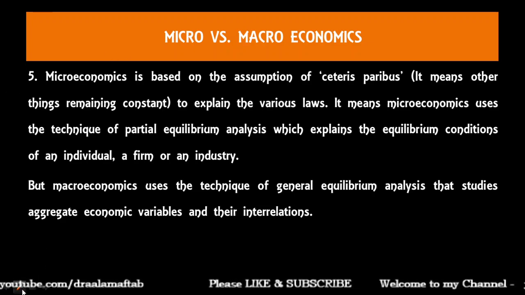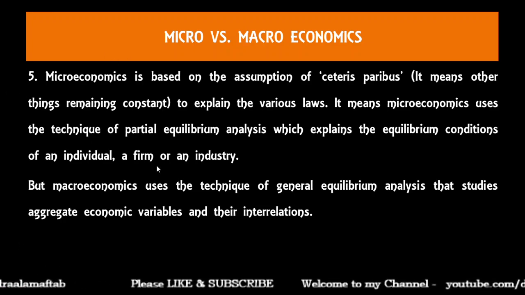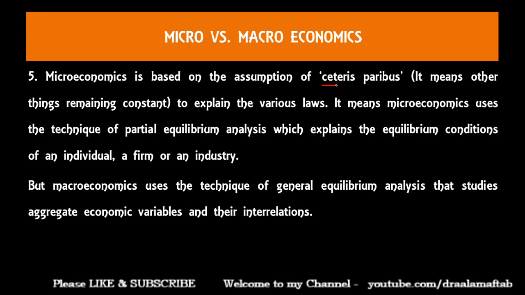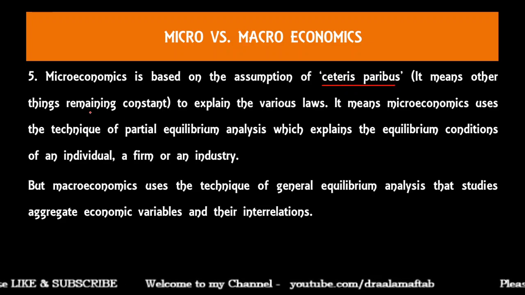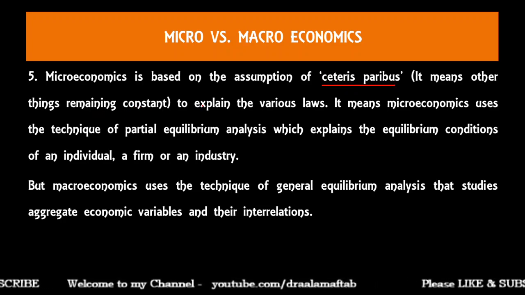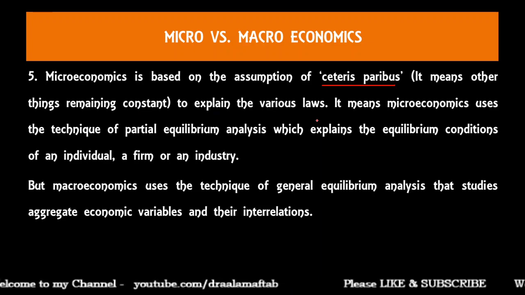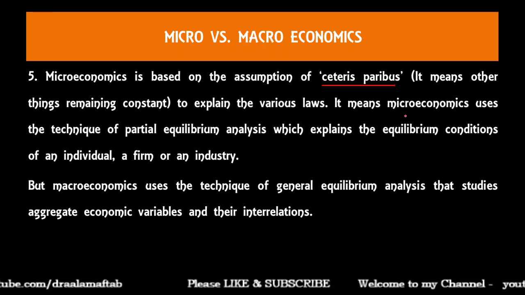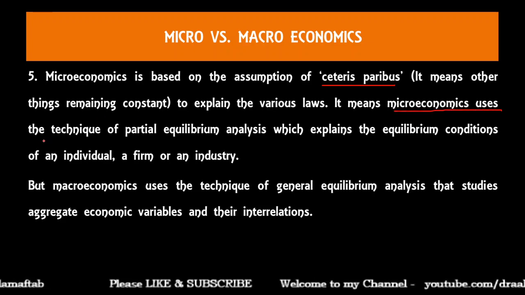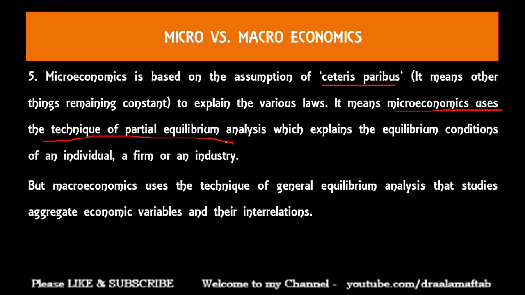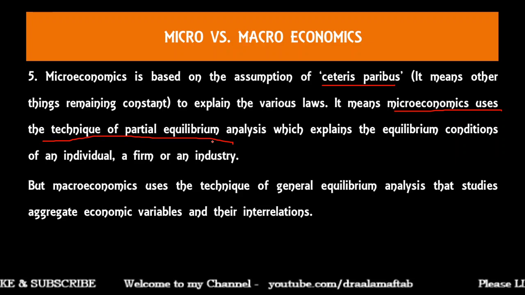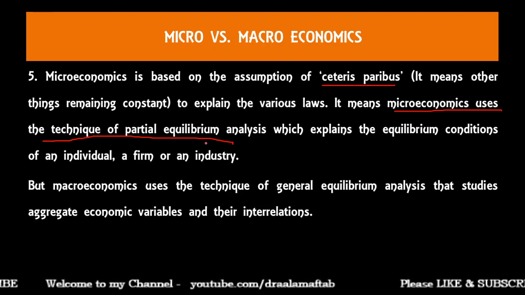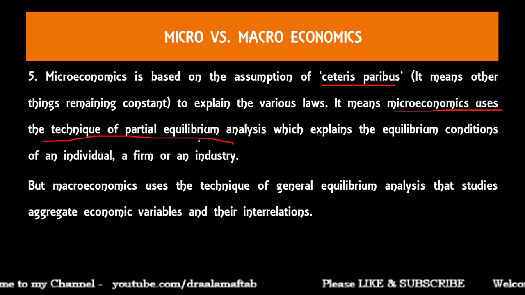Fifth one, microeconomics is based on the assumption of ceteris paribus, which means other things remaining constant, to explain various laws like law of demand, law of supply. It means microeconomics uses the technique of partial equilibrium. It is not complete or general equilibrium, but individual partial equilibrium.